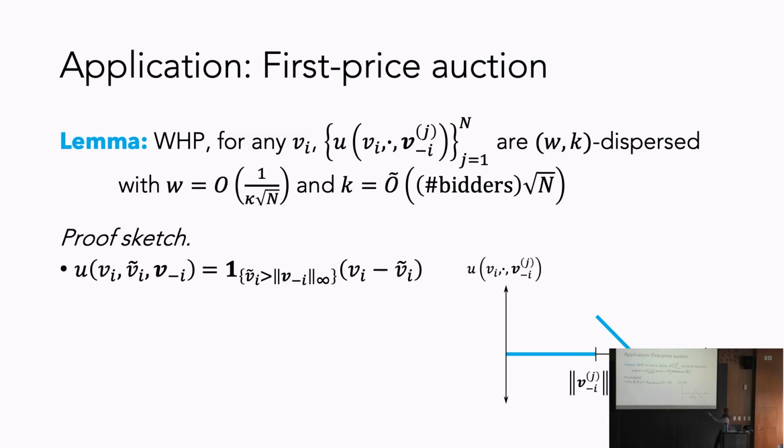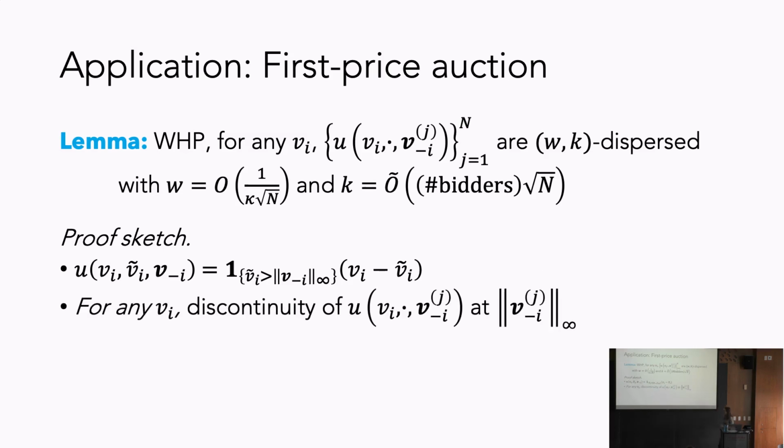In other words, if we're looking at the utility function corresponding to the jth sample, this discontinuity happens at the L infinity norm of that sample. So for any true value vi, the discontinuity of this function, measuring utility as a function of the bid, happens at the L infinity norm of the sample vi to the j.